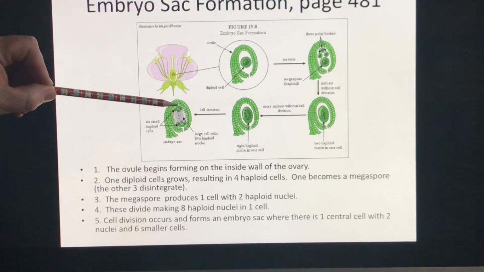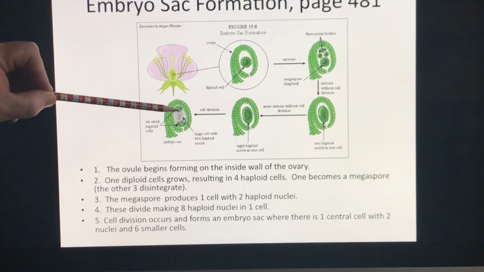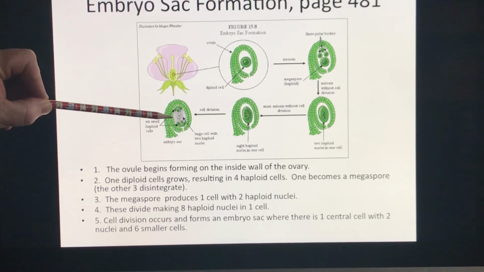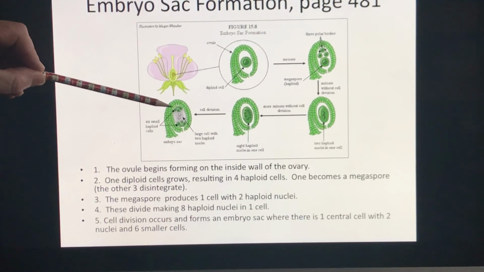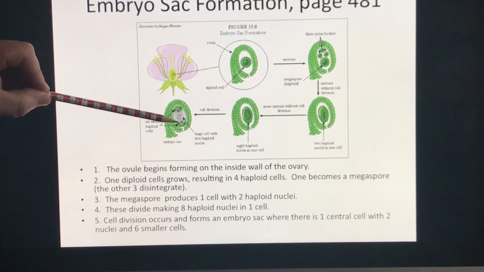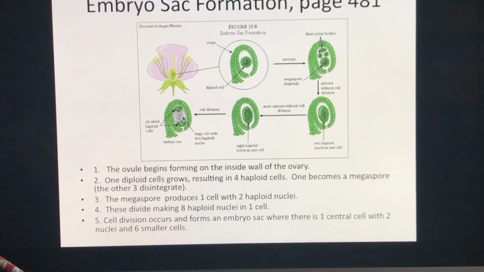There are 6 of these green small cells, and then 1 in the middle, the large cell with 2 nuclei. So the 6 smaller ones have 1 nucleus, and the gray one in the middle has the 2 nuclei. That completes the process for the formation of the embryo sac.